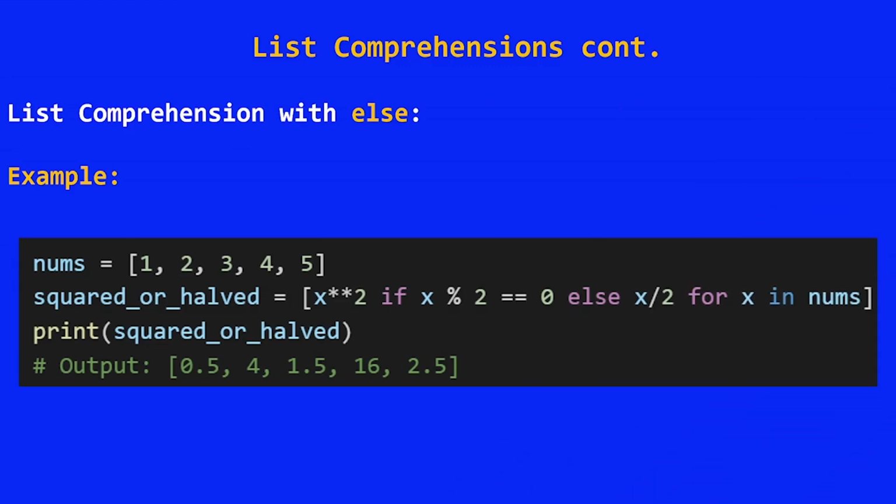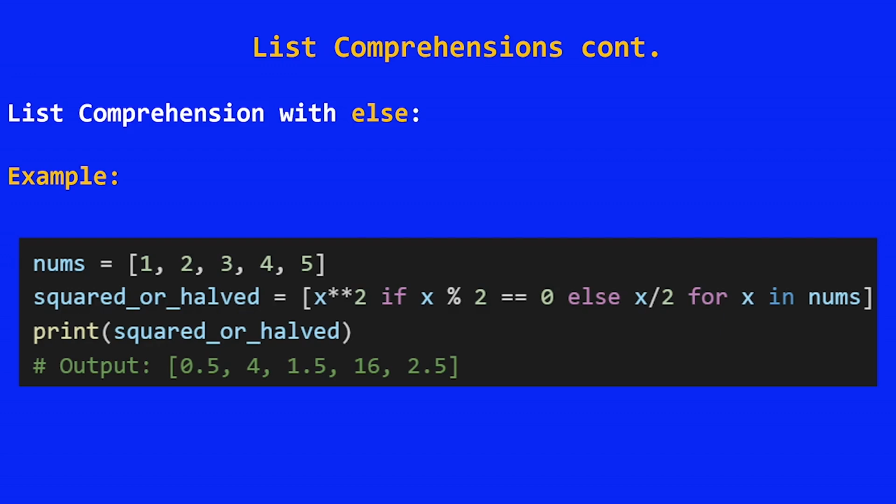So you can also use else in list comprehension. We're continuing with what we are just doing in list comprehension. We say list comprehension is just a concise way to work with lists. For example, we have numbers from 1 all the way to 5, and we want to square them or halve them based on the condition that we set here.